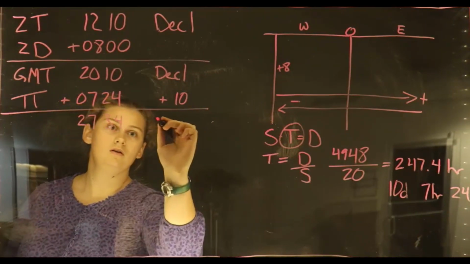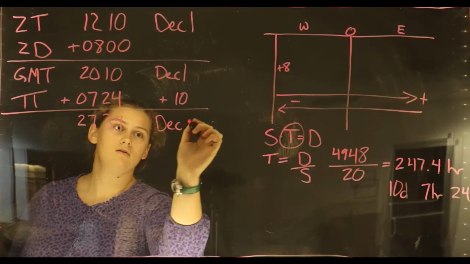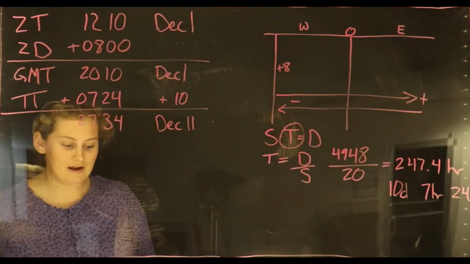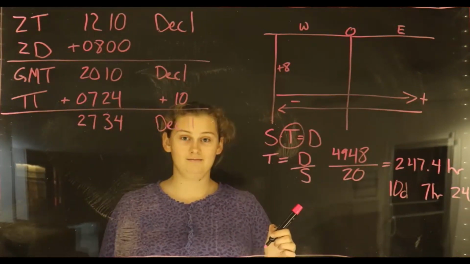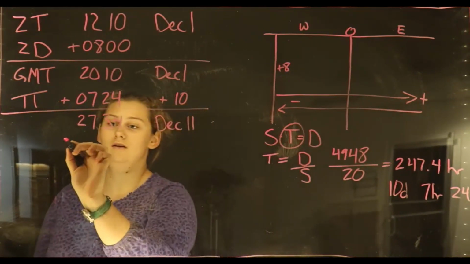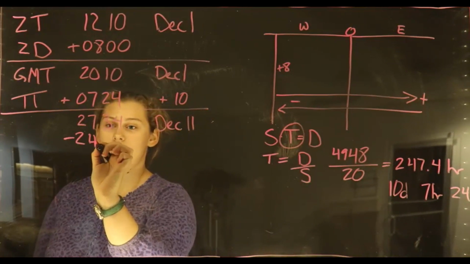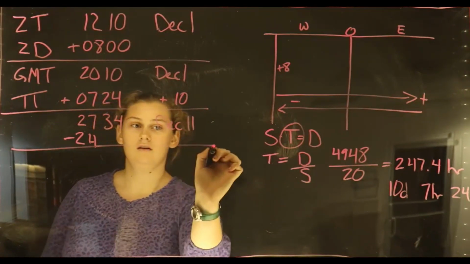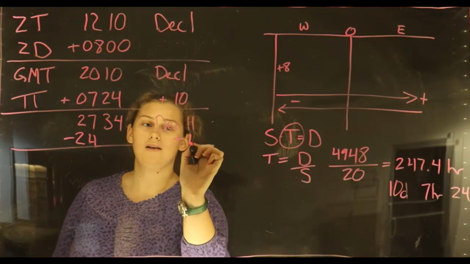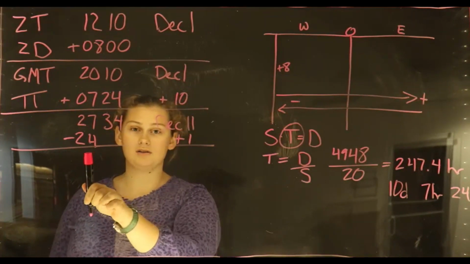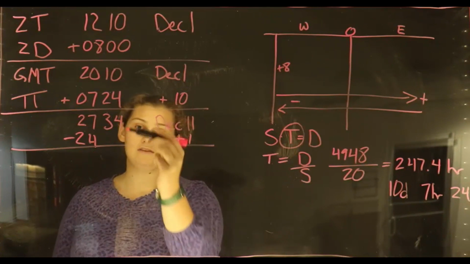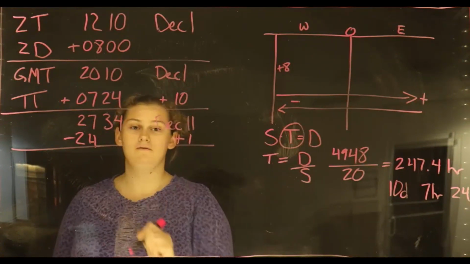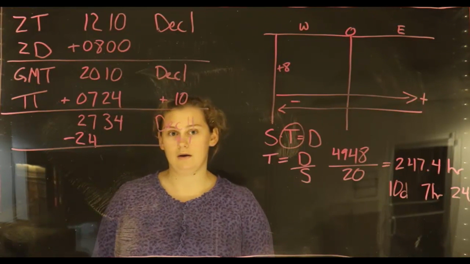27:34 on December 11th. We can't have 27 hours in one day. It does not exist. Therefore, we have to take 24 hours out of this and add 1 day to account for the 24 hours that we're taking out. We wouldn't have to do this if this number 2734 remained under 24 hours.